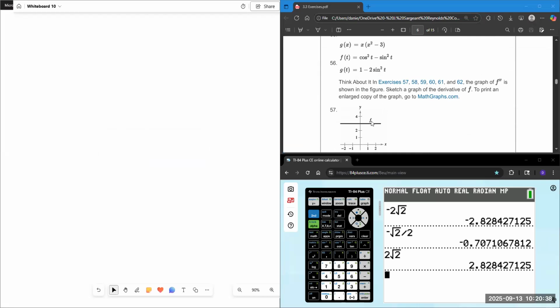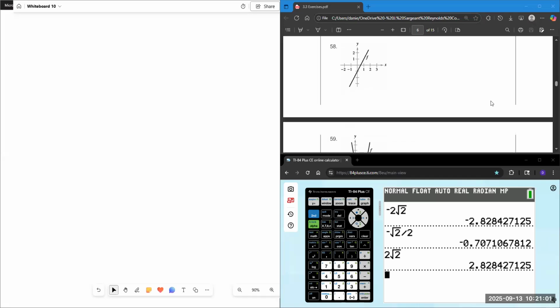You can see that it's labeled f. This is not f double prime, this is f. And they want you to sketch the graph of the derivative of f. So we want to look at the graph that's given, look at the slopes that are going on there, and graph a function that is the slope of that graph that's shown. So ignore this thing about this already being a second derivative.